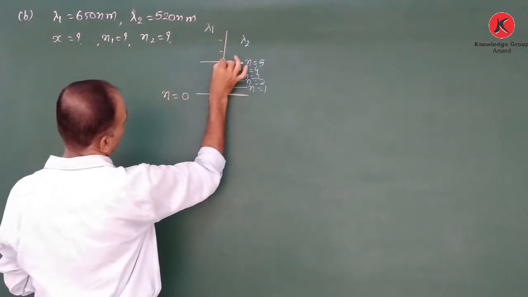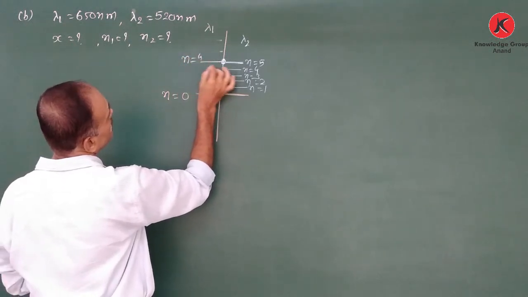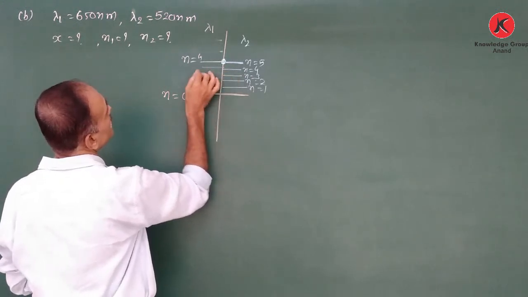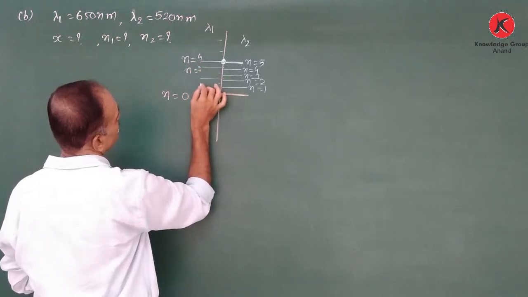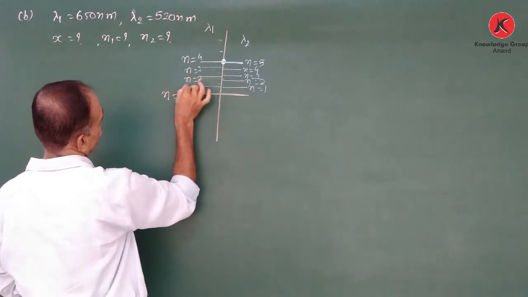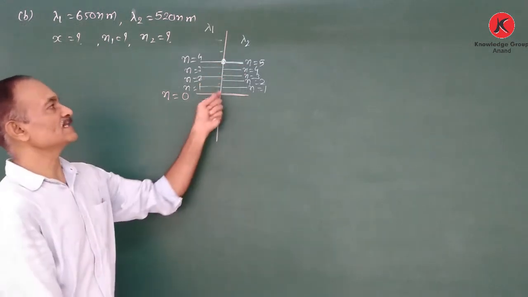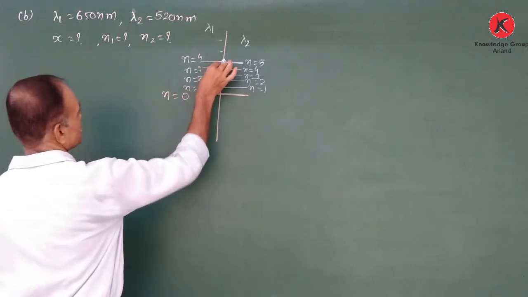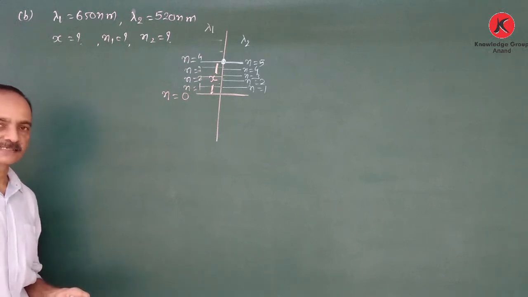Suppose that is n equal to 4, n equal to 3, n equal to 2, n equal to 1. So at this point, the bright fringes of both wavelengths coincide. Suppose the distance is x. Our aim is to find out this x distance.